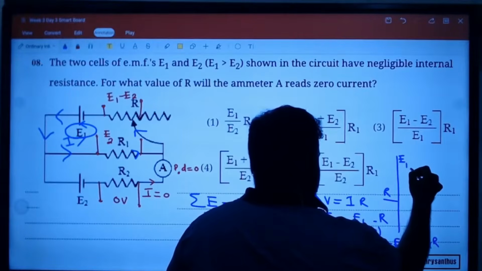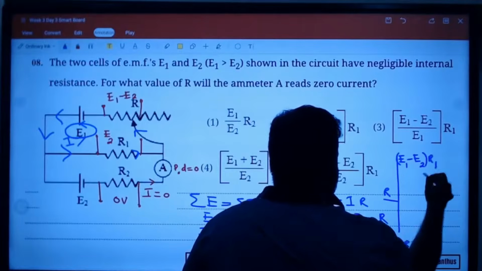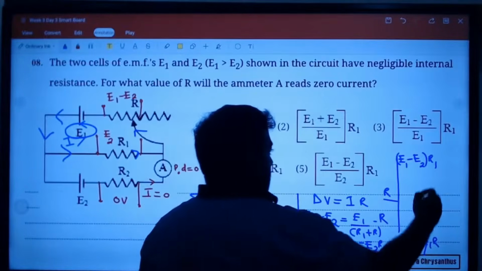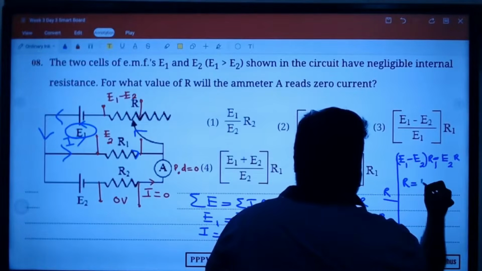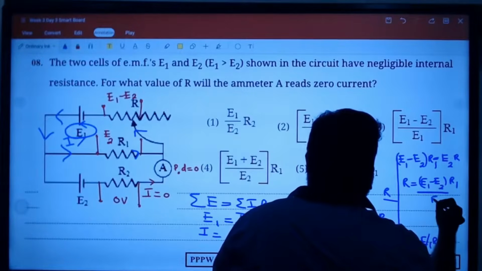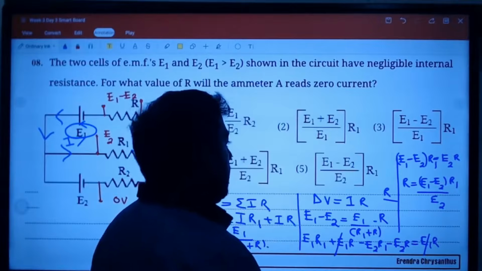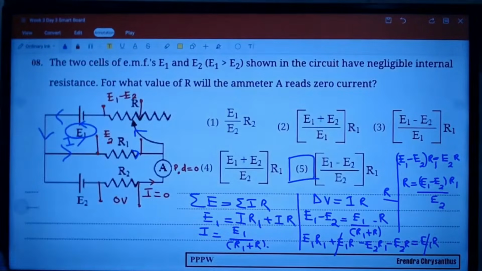E1 minus E2 times R1, take the E2 R to the other side. R is equal to (E1 minus E2) R1 divided by E2. Correct answer is answer number 5. Okay, no?